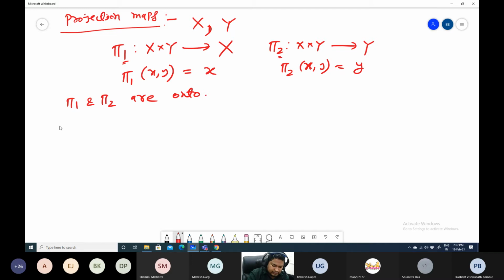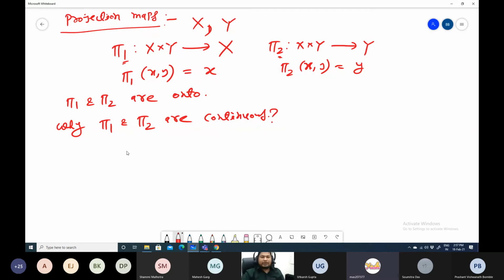Why continuous? Can you check that it is continuous? Sequential criteria? No. Do not use any sequential criteria now, because now we have topology, so things will not be true for the sequential criteria. When you say continuous, it just means the inverse image of an open set is open. That's all.